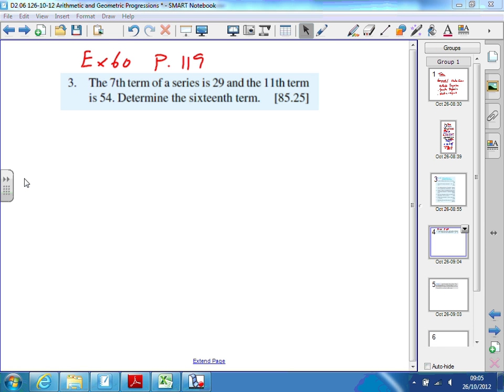We know that for the 7th term, which is a plus n minus 1 d, n is 7, so it'll be a plus 6d, and we know that equals 29.